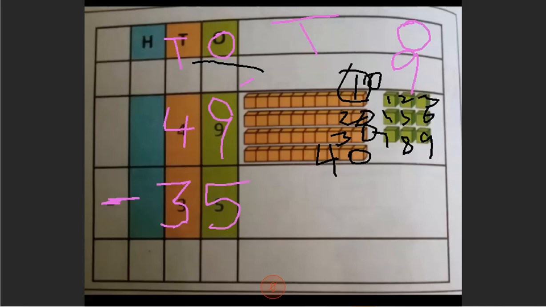Okay. Now 35 boxes means, in the ones column, 9 single boxes are there. From that we have to take away 5. How many do we have to take away? 5 boxes. Let's do it. Yes, let's cancel them. 1, 2, 3, 4, 5. We have cancelled the 5, correct? We have taken them away.